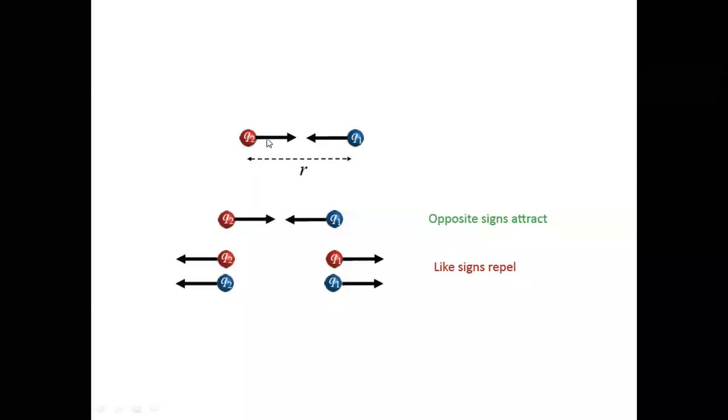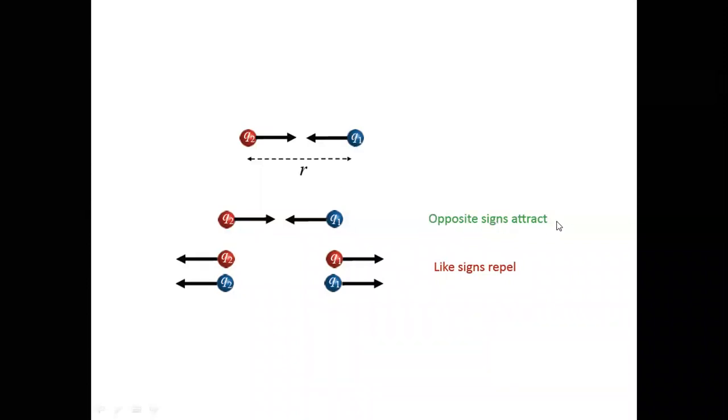If they are of opposite polarity, one positive and one negative, then they are going to attract. They are indicated with this direction and are separated by a distance R. In this case, Q1 may exert a force on Q2, or Q2 may exert a force on Q1.